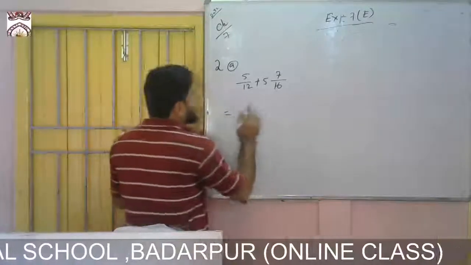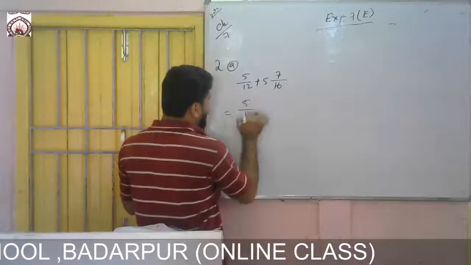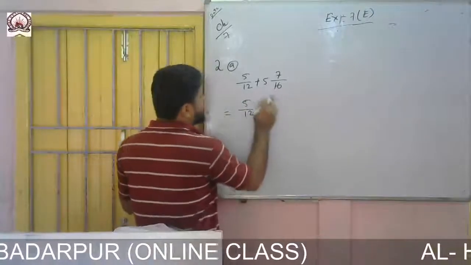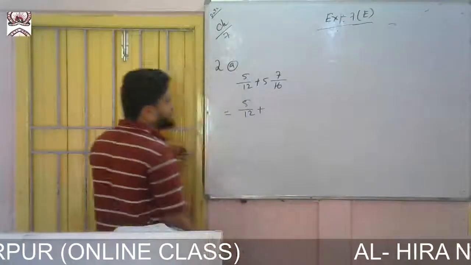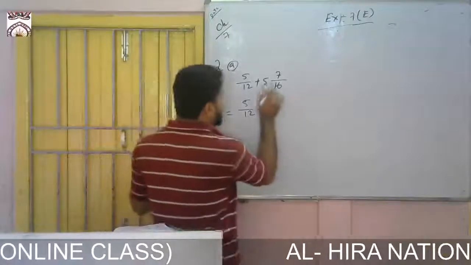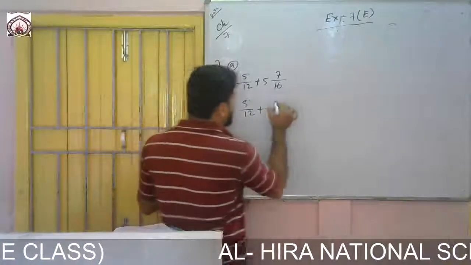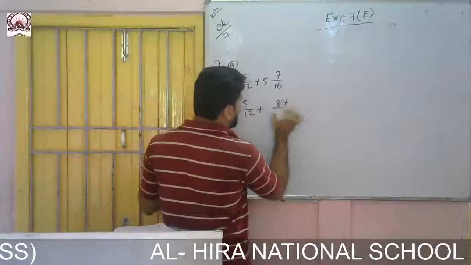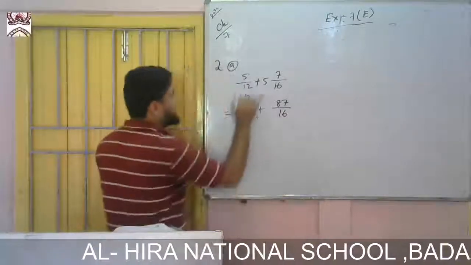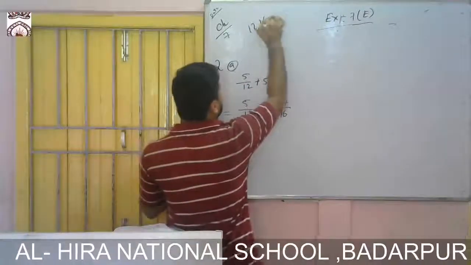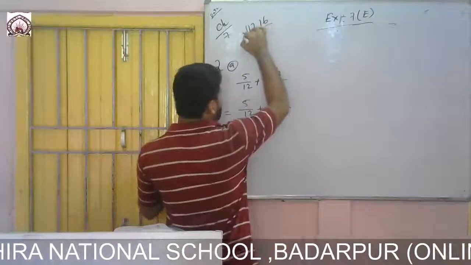So first, you break this one, 5 7 by 16. 5 16s are 80, 80 plus 7 is 87, so 87 by 16. Now take the LCM of 12 and 16.